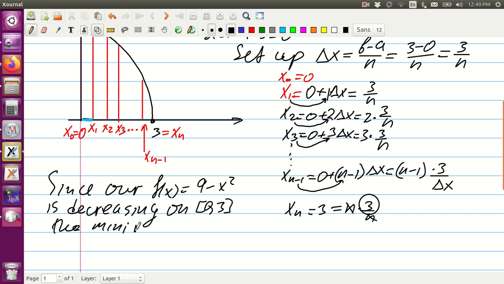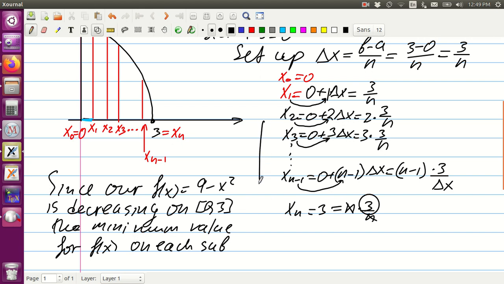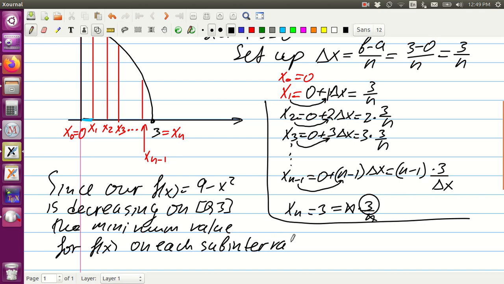The minimum value for f of x on each subinterval, where does it happen? Let's look.